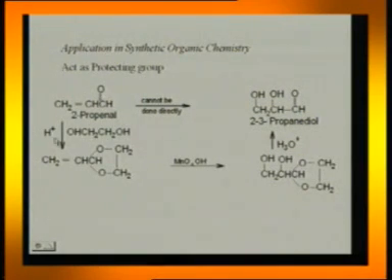If we want the reaction to be carried out at this place, then this carbonyl has to be protected, and this is done when ethylene glycol is treated with this molecule. We get the formation of this acetal, and the carbonyl group gets protected, and when we carry out hydrolysis we get the two hydroxyl groups attached to the alkene group.